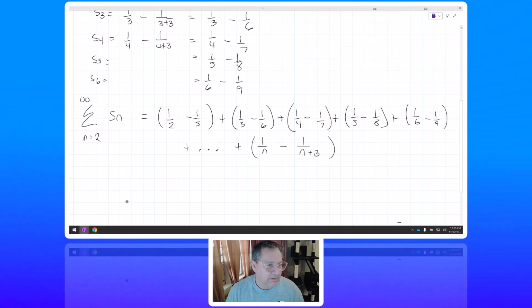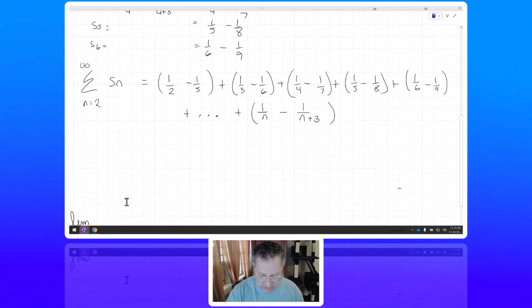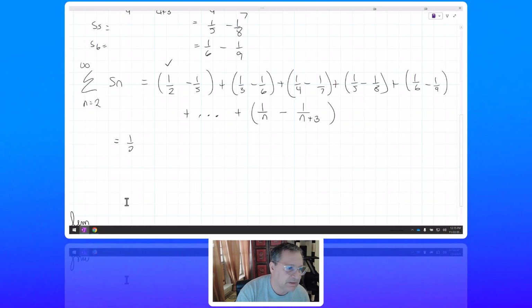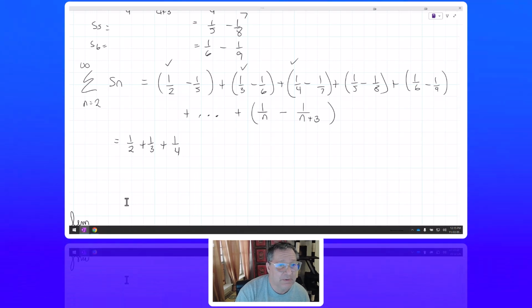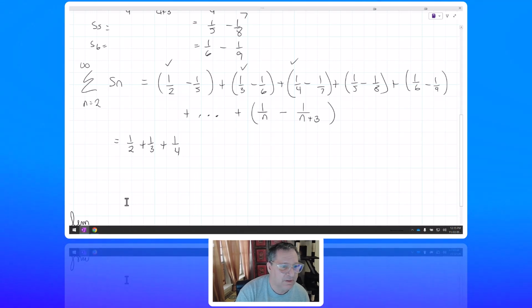So what we're going to do now is rewrite and reorder that to our benefit. There's not a lot we can do to the half, so we'll just leave it there. There's not a lot we can do to the third or the fourth. So those 3 terms we're going to keep. But once we get to the next one, the 1/5, we certainly can group the 1/5.